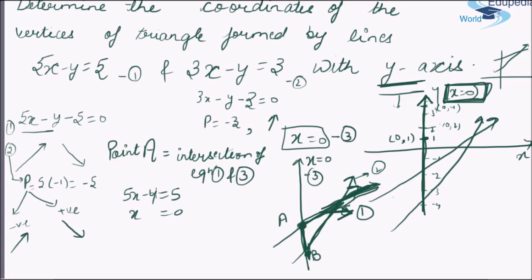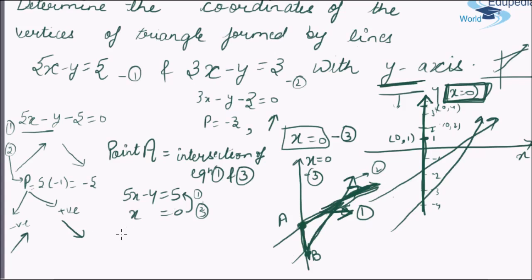So we can find out the point A very easily. The most convenient method here is substitution method, because x is clearly given as 0. Thus substitute x equal to 0 in this equation.